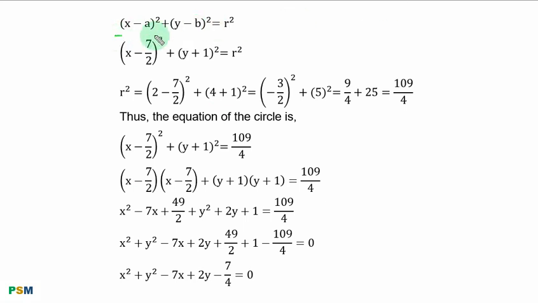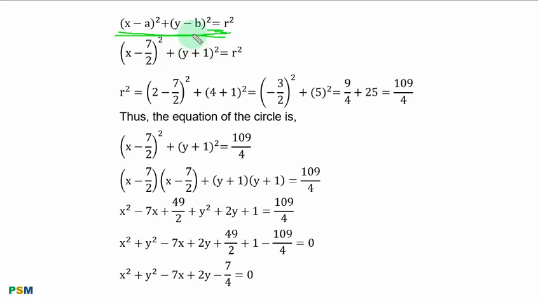You have the equation of the circle. The radius is needed. Now that the center is known, we need the radius. So we are using the first coordinate (2, 4) as (x, y) to find the radius. You come here, you replace the center first: a is 7 over 2, b is minus 1.